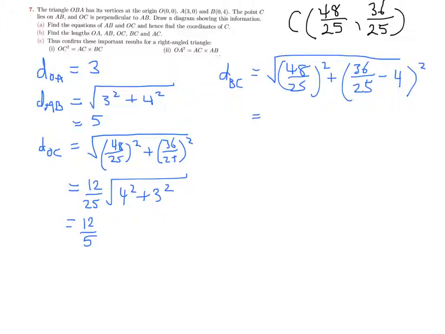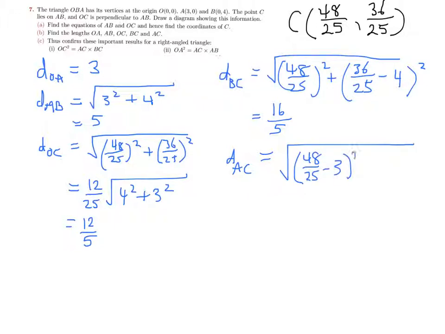So, again, put that into the calculator, and we get 16 over 5. And finally, the distance between A and C. Okay, so we have the square root of (48 over 25 minus 3) all squared, plus (36 over 25 minus 0), so just (36 over 25) squared. And we put that into the calculator and get 9 over 5.